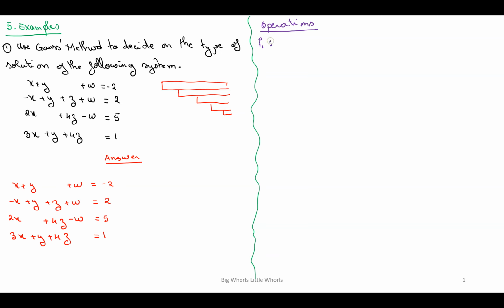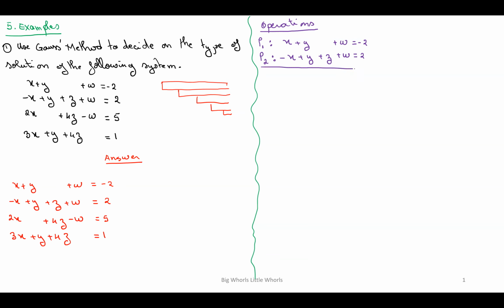Okay, so row 1, I'm going to use the Greek letter for row 1, is x. I'm going to recopy it here: x plus y plus w equals minus 2. Is that okay? So row 2 is minus x plus y plus z plus w equals 2.